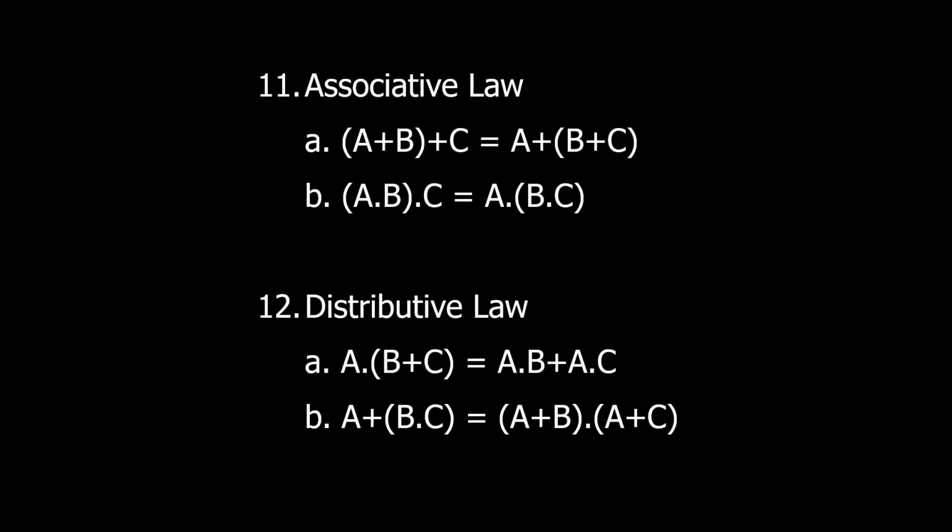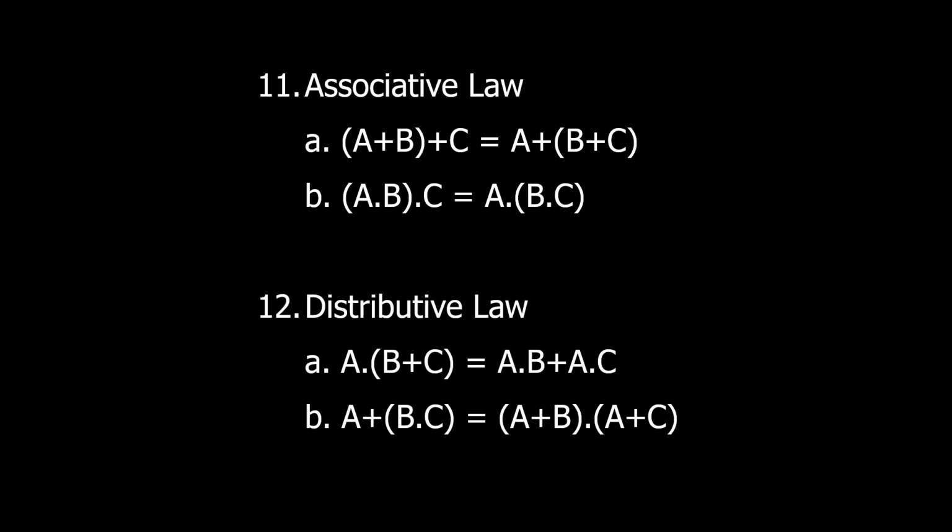The 12th law is the distributive law. In this law we use both AND and OR operations. In part A, A AND (B OR C) within brackets is equal to (A AND B) OR (A AND C). In this we have expanded the left hand side of the operation. Similarly, in part B, we have A OR (B AND C) within brackets.